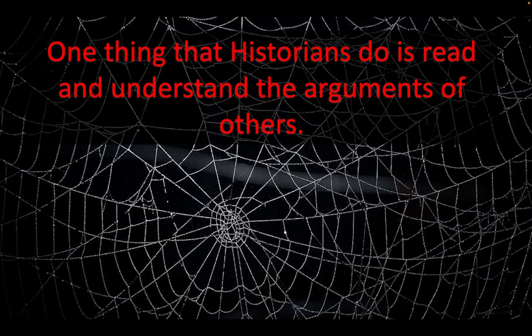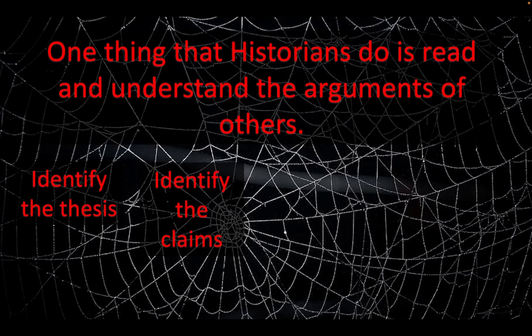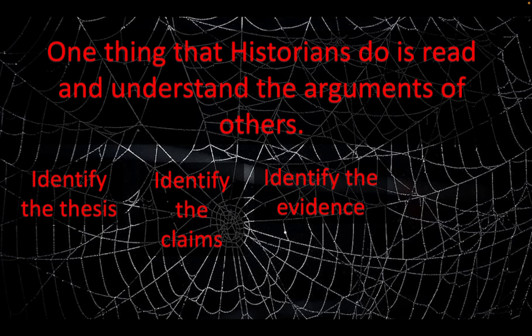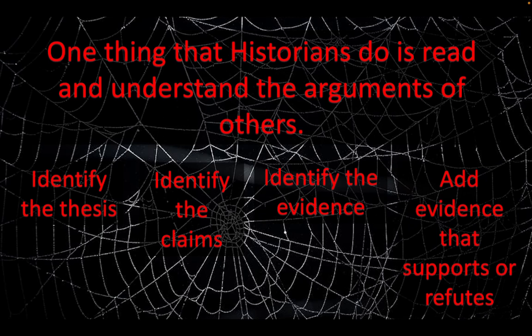The one thing that historians have to do when they begin to study history is not only to read the arguments of others, but also understand them. When we read them, when we understand them, we're looking to identify the thesis, identify the claims, identify the evidence that the author uses to support what they're arguing, but also we think of evidence that not only can support that, but also refute it.